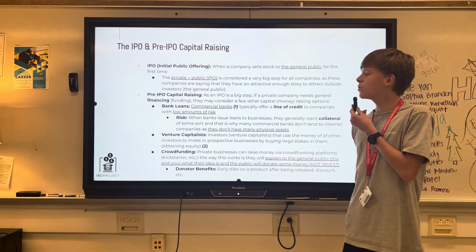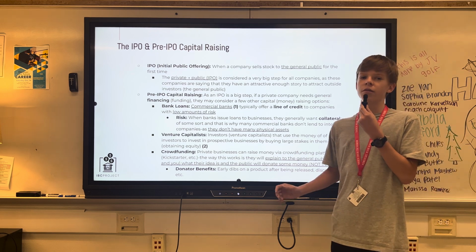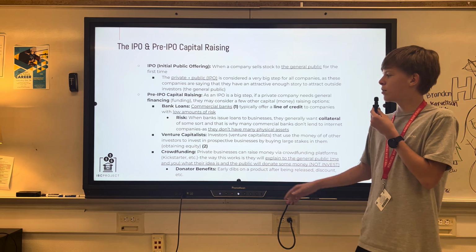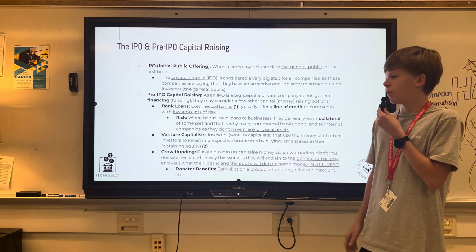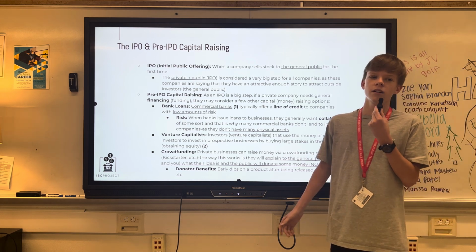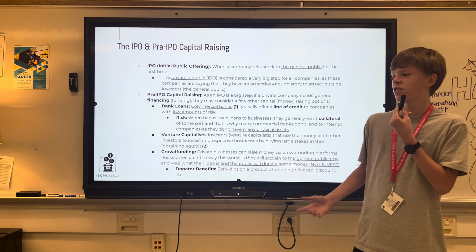crowdfunding. So bank loans, there's two types of banks. There's a traditional bank and an investment bank. And inside the two sectors of a traditional bank would be a commercial bank and a retail bank. So the retail bank is like a bank we would interact with every day, like Wells Fargo, for example, where you can just deposit checks and stuff like that.